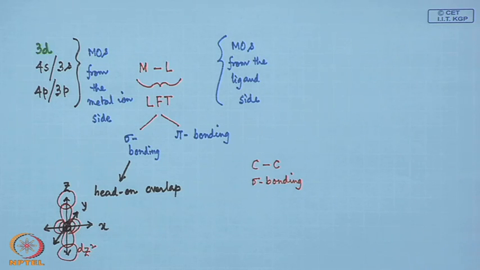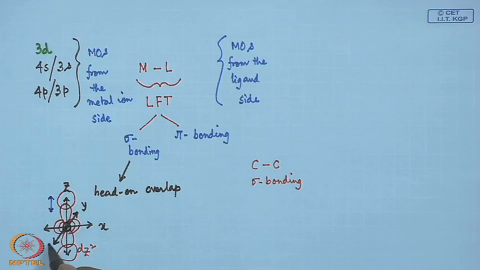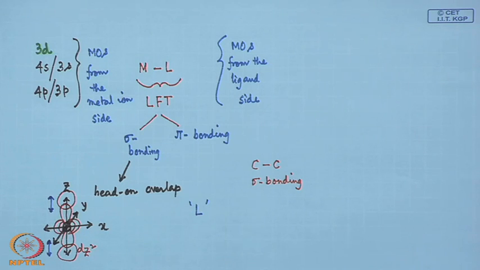If this head-on overlap is permissible or can take place, we can have a certain amount of head-on overlap, and the magnitude of overlap, which quantum mechanically we can treat as the overlap integral, can also tell us about the interaction, that what type of interaction we are having from the ligand which is showing a direct sigma overlap with the metal orbital of dz square symmetry.